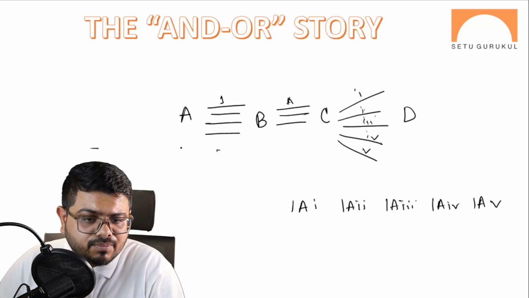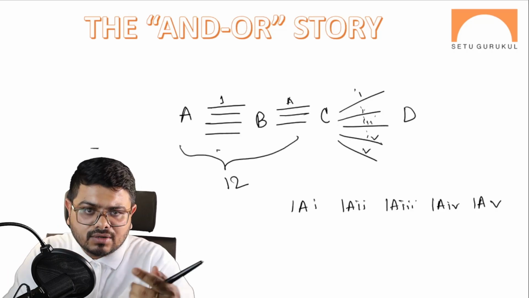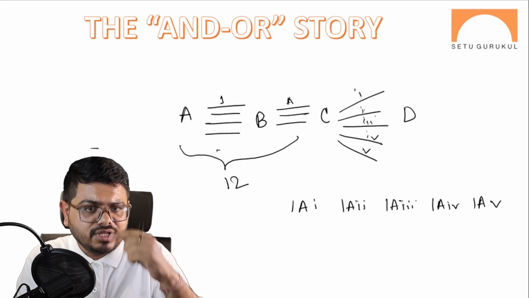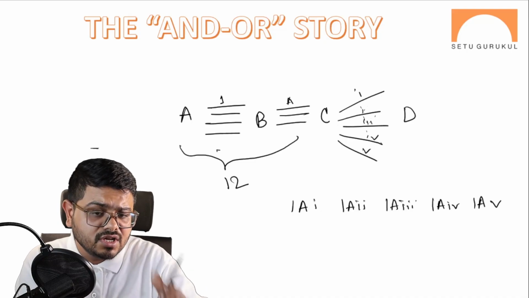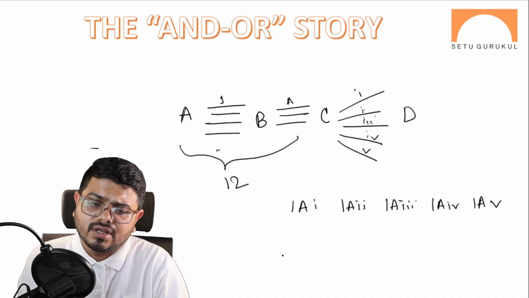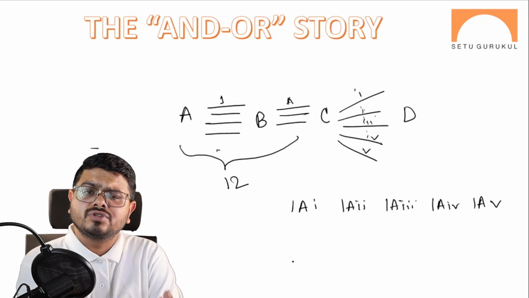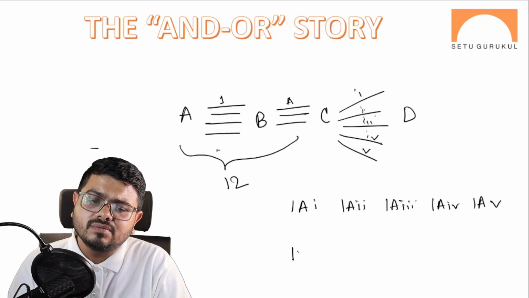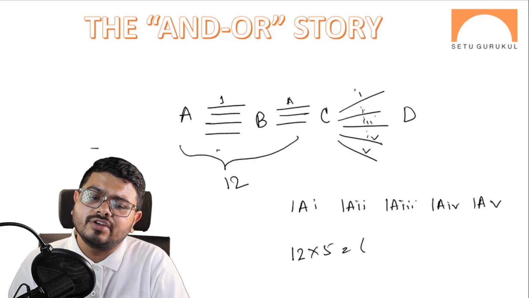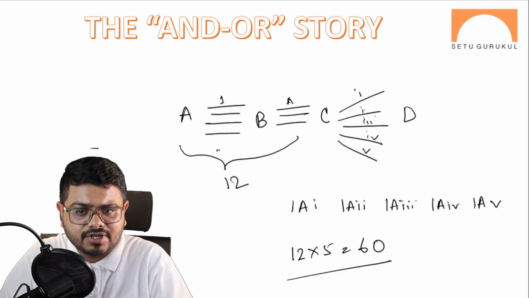So, what basically is my point, that all the 12 options that we saw in the first scenario, each of the 12 options will again have 5 options in themselves for C to D, right? So, when you introduce a third task in the form of an AND scenario, it again multiplies itself to form 12 into 5, which is 60 different ways, right?